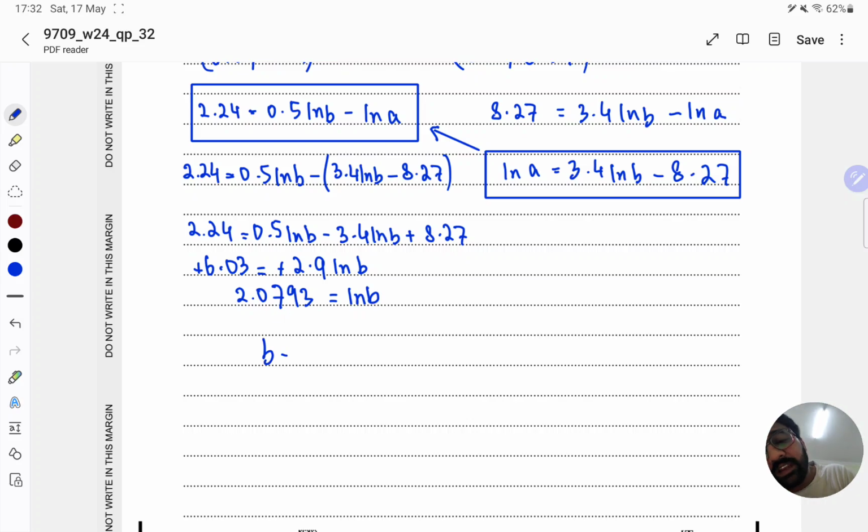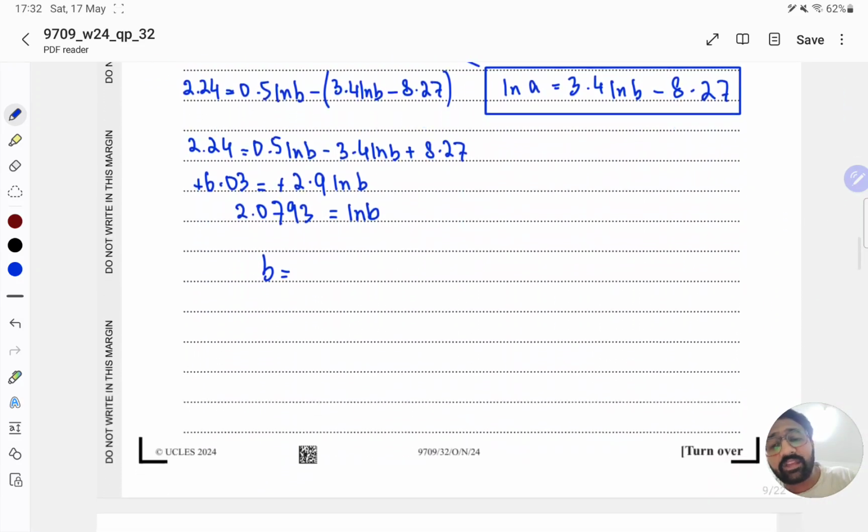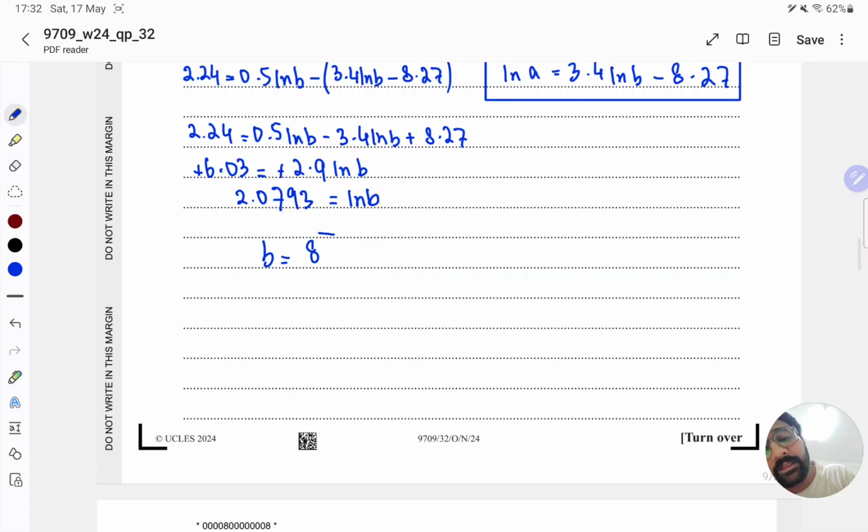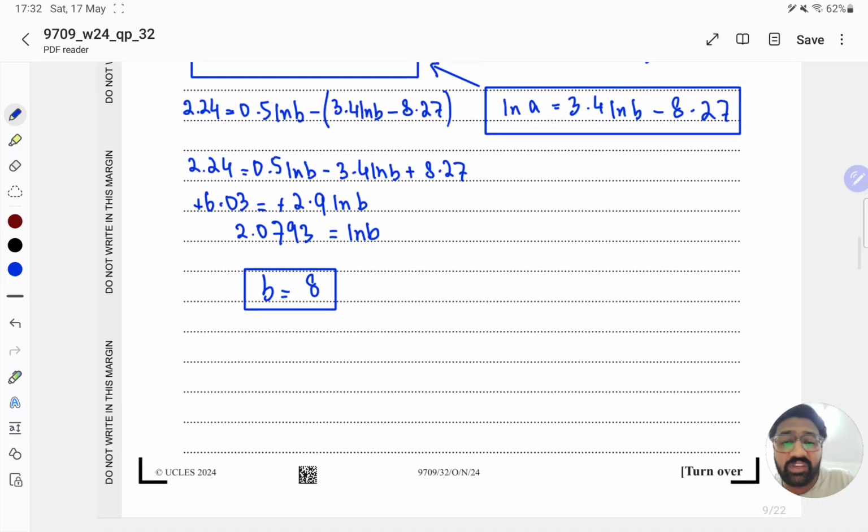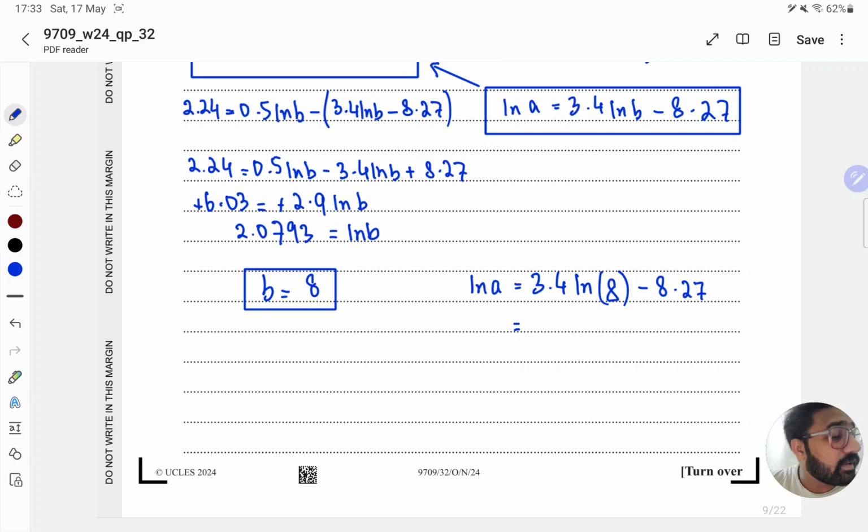We are supposed to write up to how many significant figures? 1 significant figure, so it will be 8. So the value of b is 8. For the value of a, we'll substitute it here. It is ln a equals 3.4 ln of 8 minus 8.27. So we need to take ln of 8, multiply it with 3.4, minus 8.27.